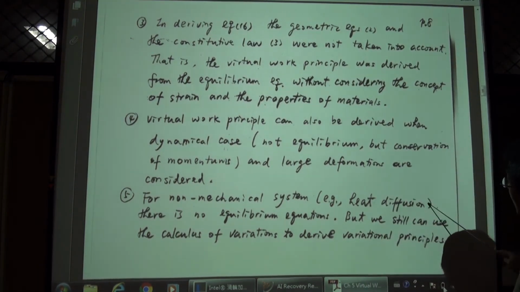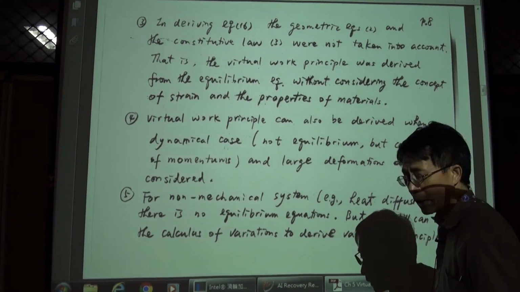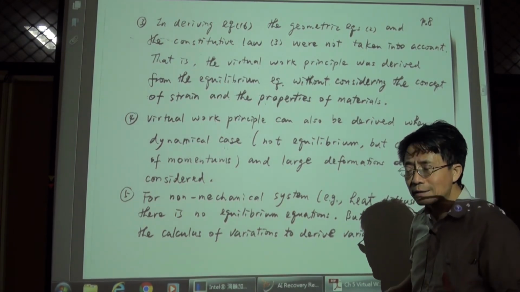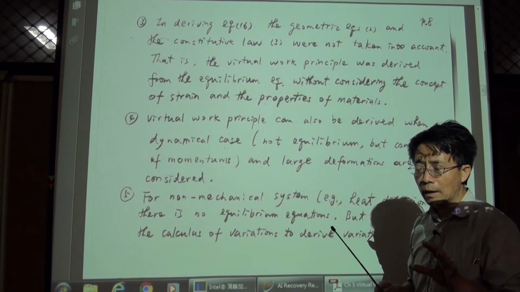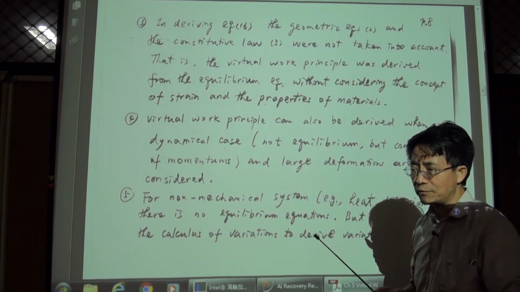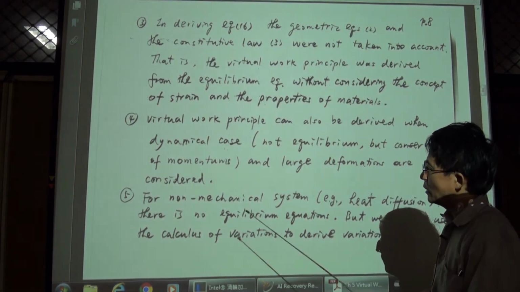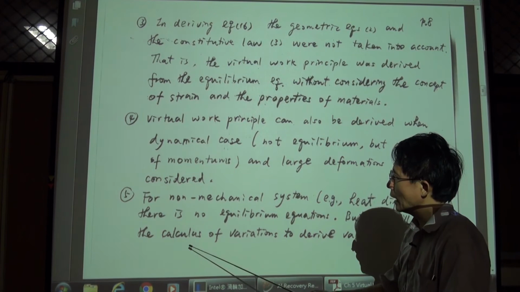For example, heat diffusion has no global classical mechanical meaning. You have micro-mechanical meaning, but there's no such thing in the theory of heat diffusion. So for heat diffusion, there's no classical mechanical interpretation.